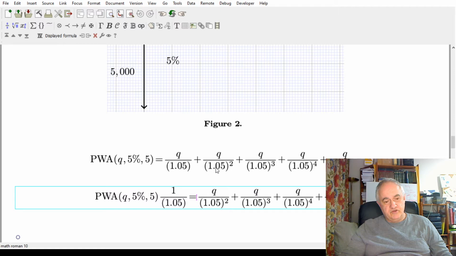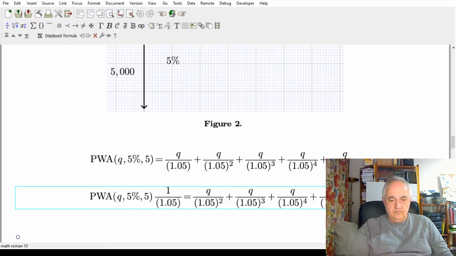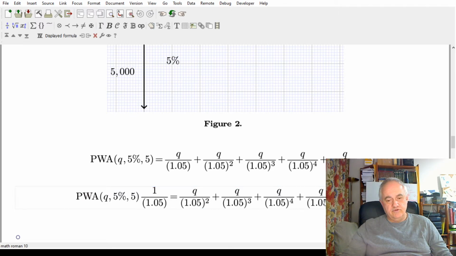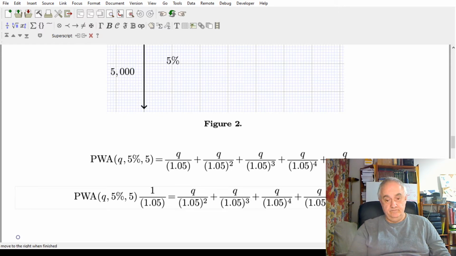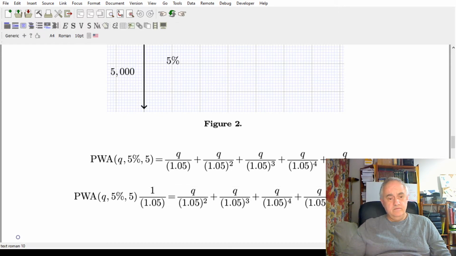This one will be a square, this cube, and this one will be up to 6. Then let's do something that is quite simple. Let's subtract all this expression.